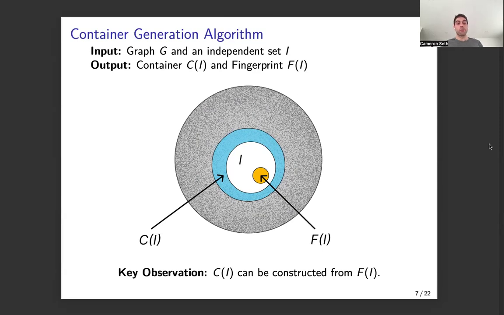And further, if you were to run the container procedure on the fingerprint, you would actually get the exact same container. So why is this? This is because if you were to run on the fingerprint instead of the independent set, when you're picking these vertices, the highest degree vertices, you would pick the exact same sequence of vertices as you would have picked if you were running on the independent set.